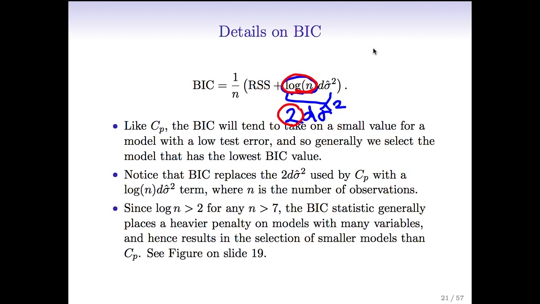And so in general, if n is greater than 7, then log n is greater than 2. What that means is that if you have more than 7 observations in your data, BIC is going to put more of a penalty on a large model. In other words, BIC is going to tend to choose smaller models than AIC is. So BIC is going to give you the selection of models that have fewer variables than either Cp or AIC.